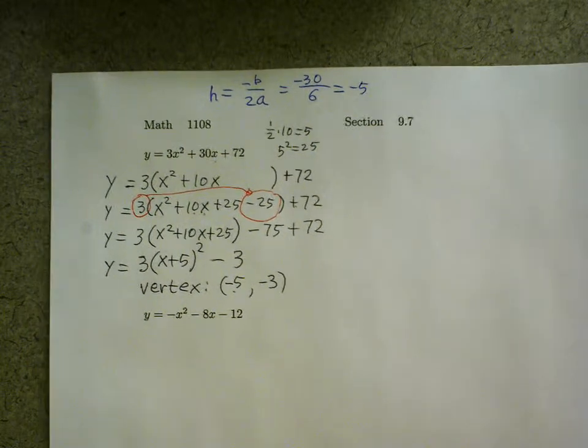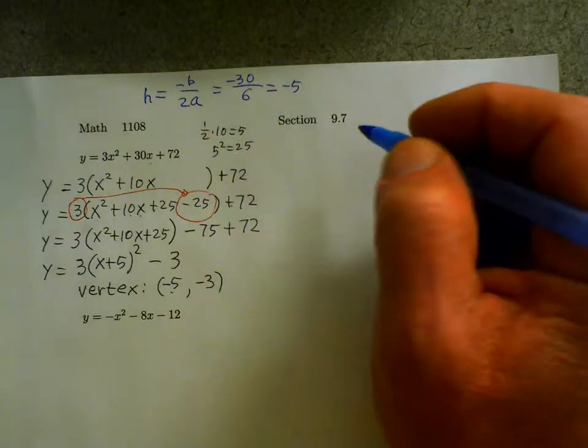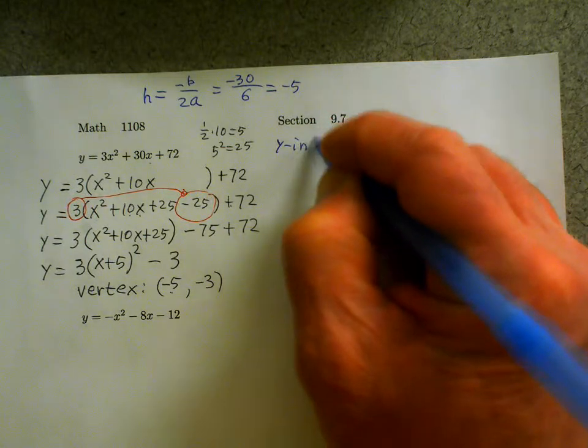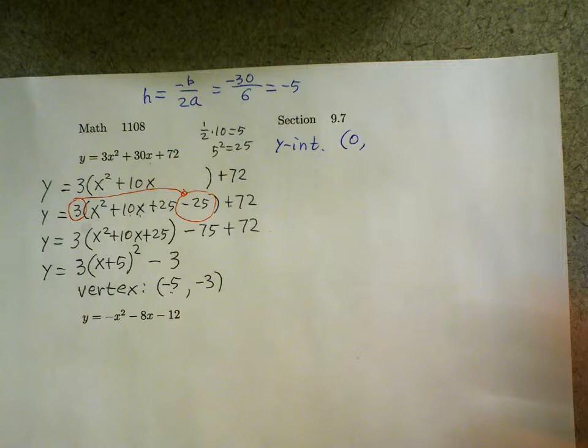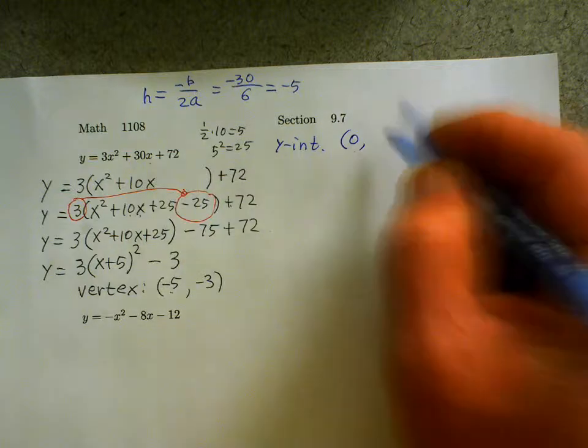We can write down the y-intercept. x equals 0 is always the x-coordinate of the y-intercept, and when x is 0, the y-coordinate is 72.